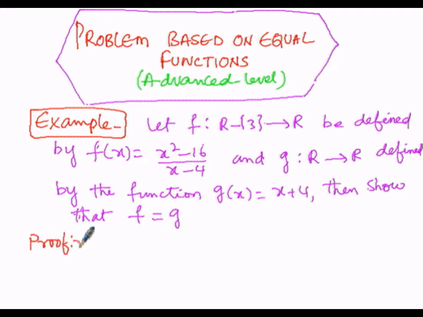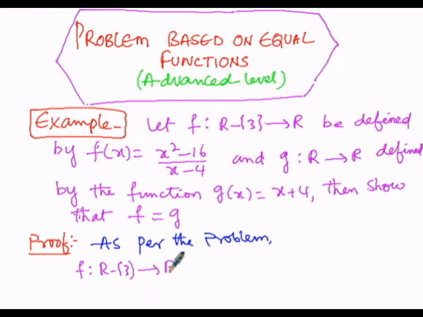In our proof, as per the problem which is given to us, function f is from the reals except 3 to the reals, defined by f of x equals x square minus 16 overall divided by x minus 4.